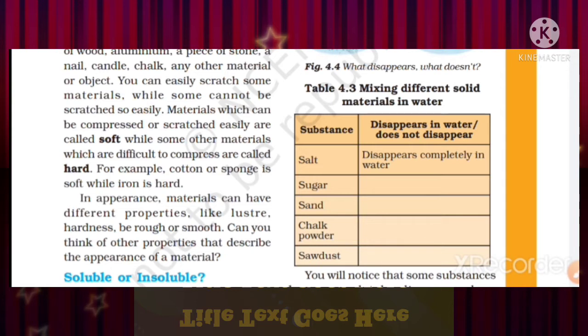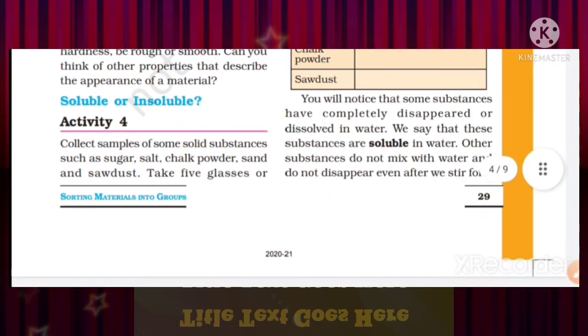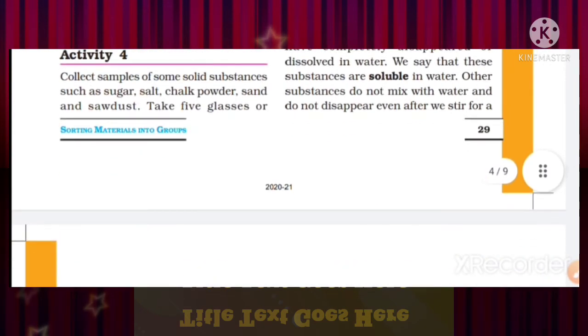Appearance of materials includes luster, hardness, rough or smooth. These are the properties. Do you know any other properties? Yes, that is soluble and insoluble. Collect samples of some solid substances such as sugar, salt, chalk powder, sand, soap and dust.